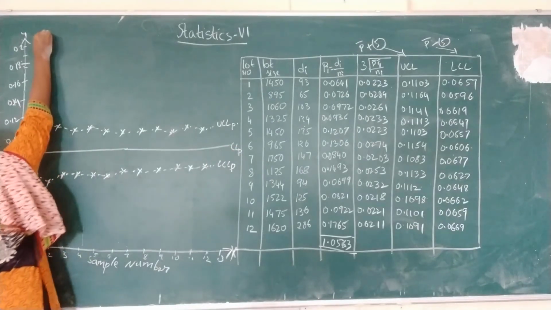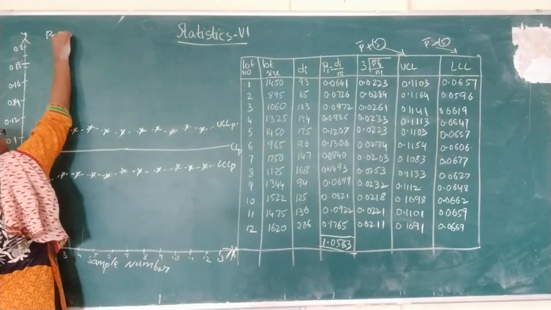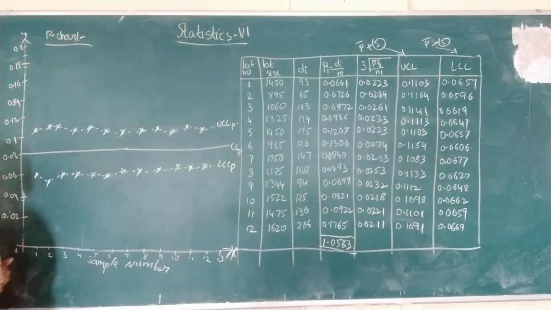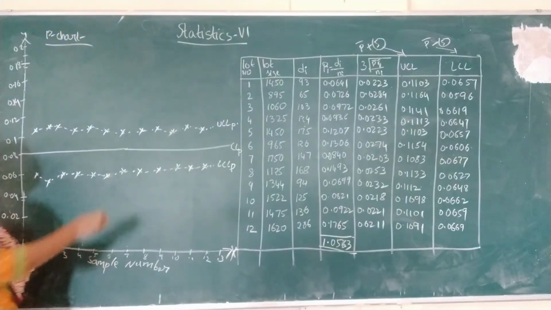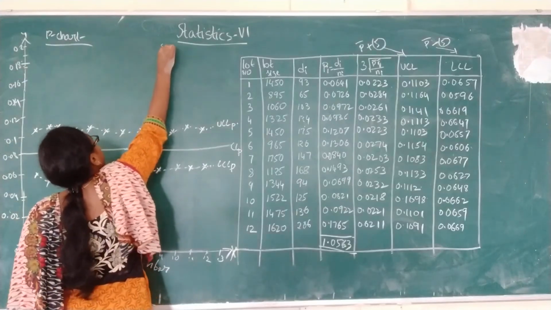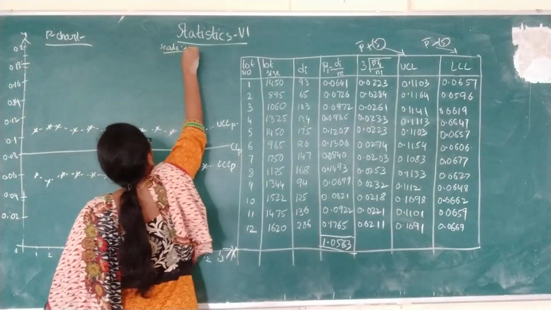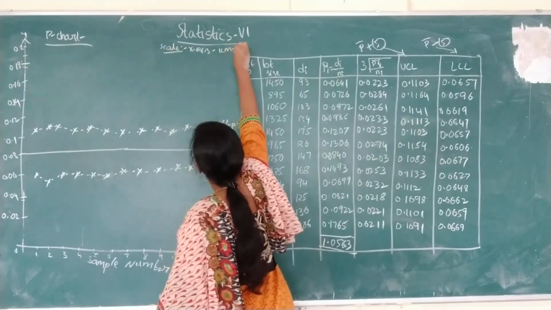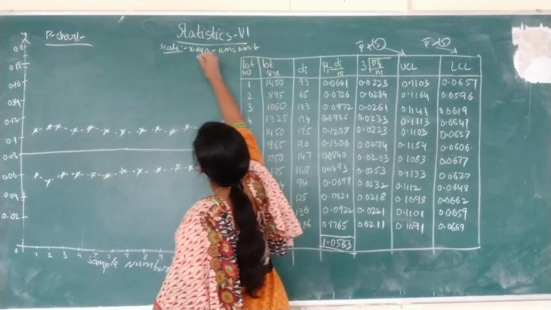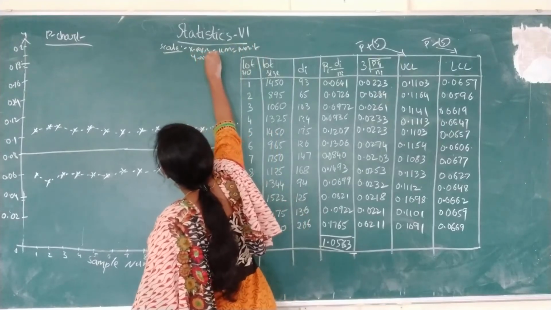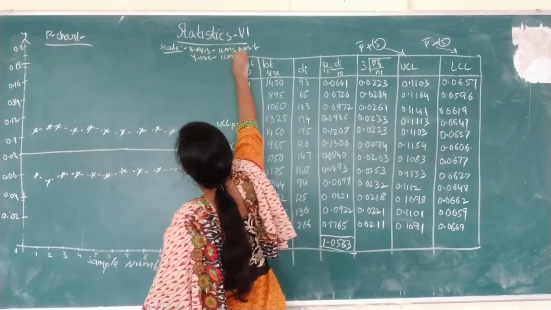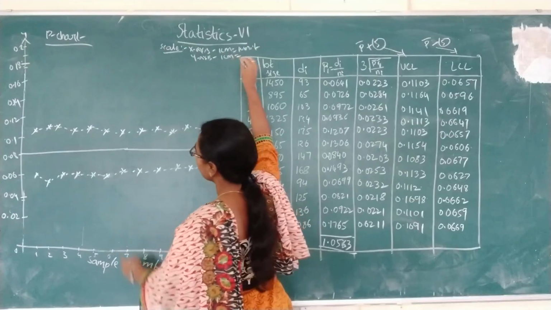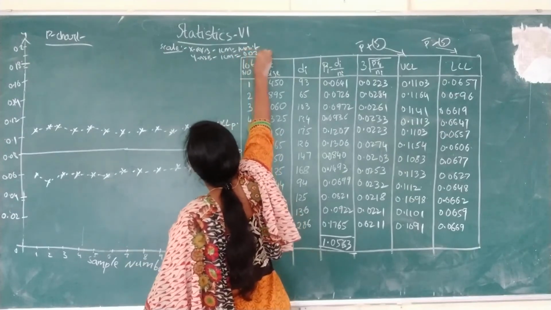So write down the heading here, P chart. Don't forget to write the headings and the scale also. What is the scale we took here? On the x-axis, 1 centimeter equals 1 unit, and on the y-axis, 1 centimeter equals 0.02 units.